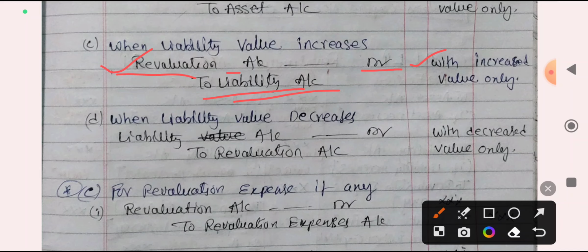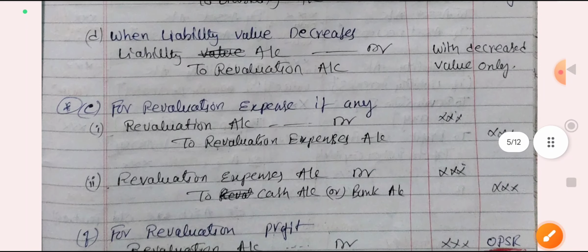If there is any unrecorded asset also, asset account will be debited to revaluation account. When liability value decreased, liability account debit to revaluation account. This will be the general entry. Only with the decreased value and increased value we will consider in revaluation.